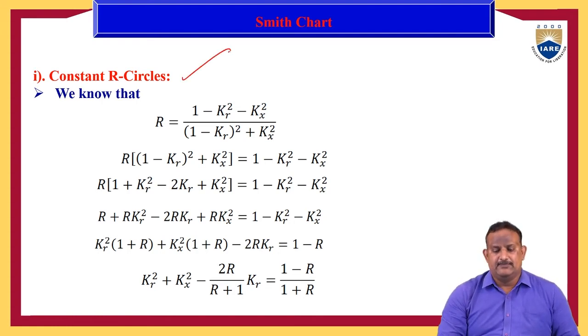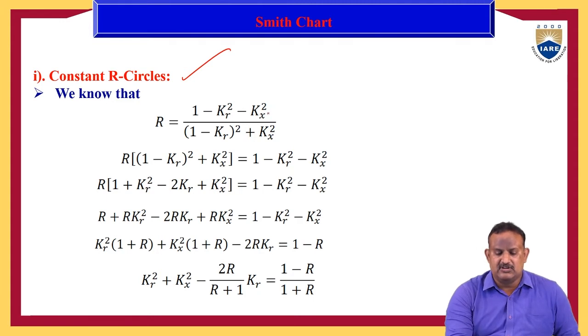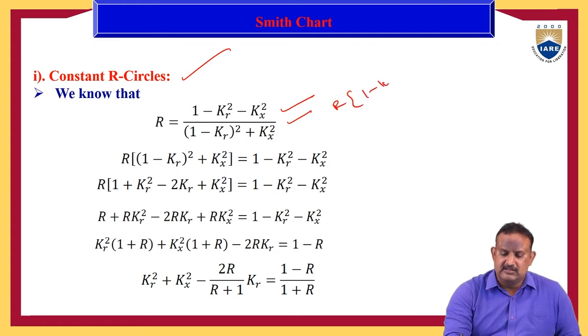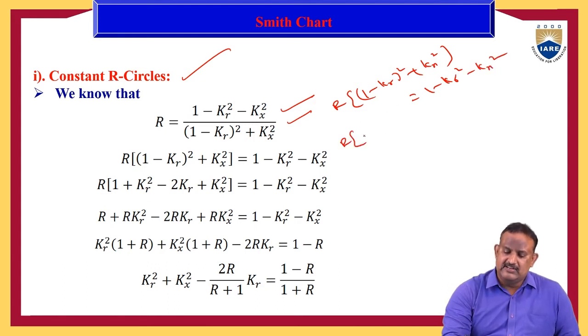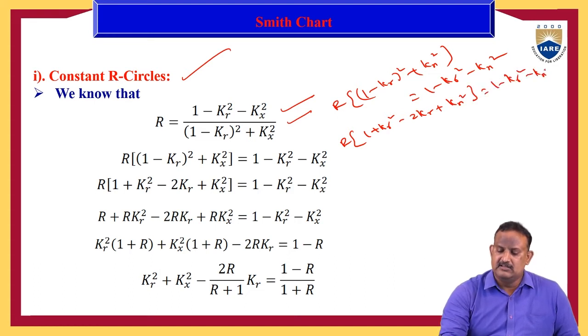We know that R is equal to (1 minus Kr square minus Kx square) by ((1 minus Kr) square plus Kx square). Just cross multiply the equation, so R into ((1 minus Kr) square plus Kx square) is equal to 1 minus Kr square minus Kx square. Expanding, R into (1 plus Kr square minus 2Kr plus Kx square) is equal to 1 minus Kr square minus Kx square.